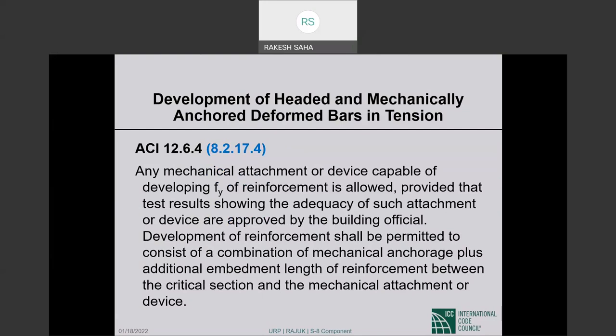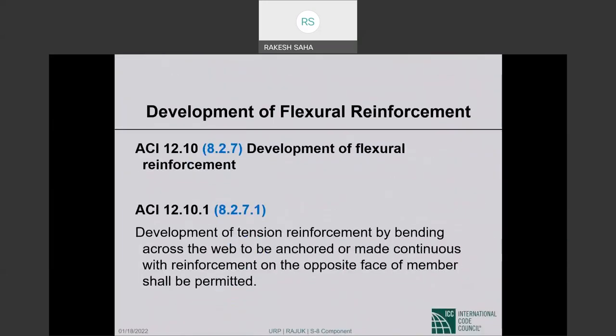Development of reinforcement shall be permitted to consist of a combination of mechanical anchorage plus additional embedment length of reinforcement between the critical section and the mechanical attachment or device. So all we are saying here is that it doesn't have to be a head. It can be some other mechanical device as long as there are test results to show that it works.